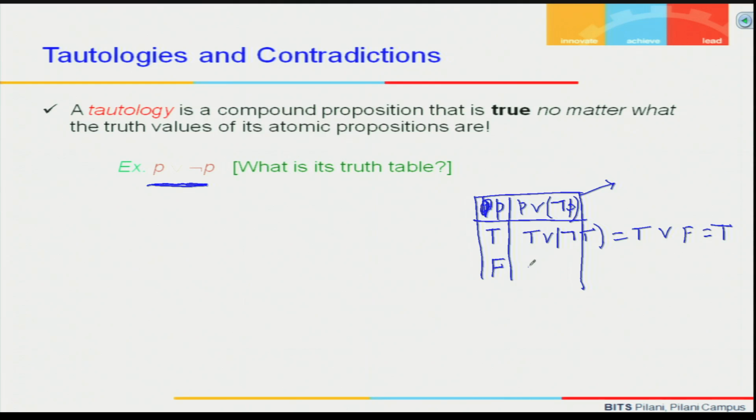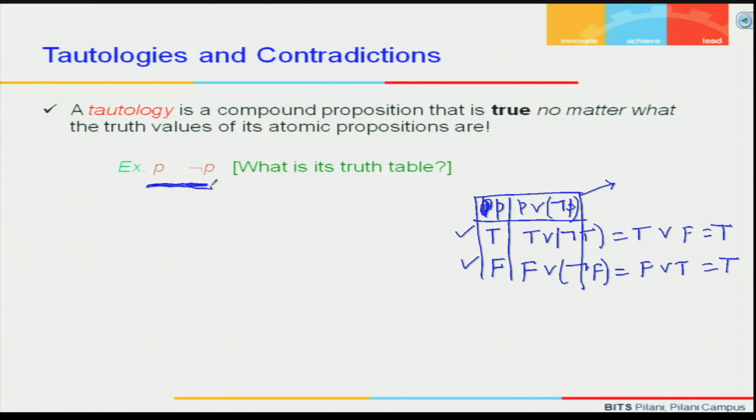We will see what happens when P assumes the value false. False or not of false, that is false or true. This is again true by the very definition of the OR connective. So whatever the values that the atomic proposition P assumes, this compound proposition, P or not P, always takes true as its truth value.